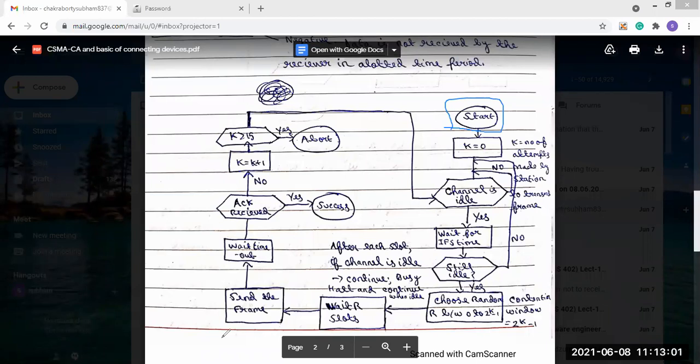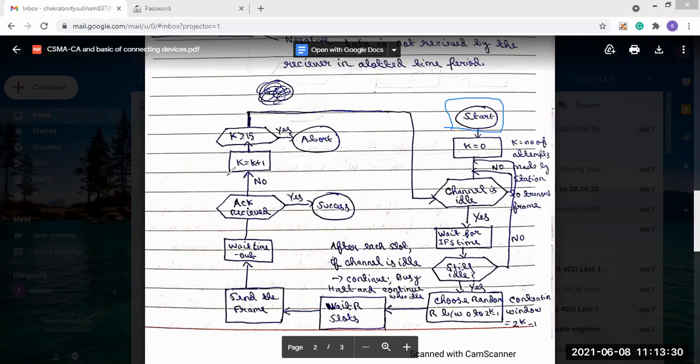If the acknowledgement is received, then my transmission is correctly done and received by the receiver. But if it is not received correctly, that means it is lost or damaged or corrupted, then what will we do?